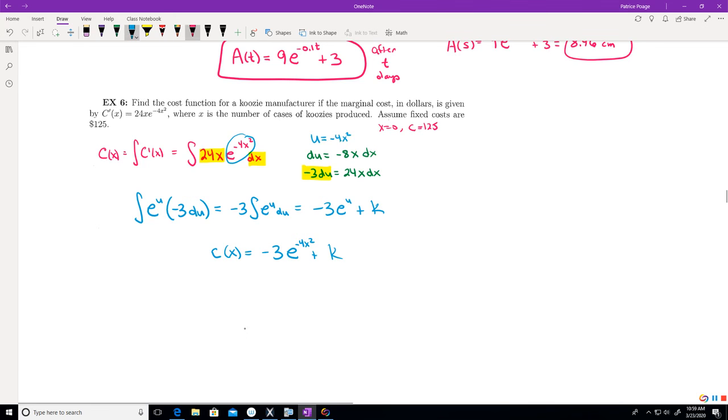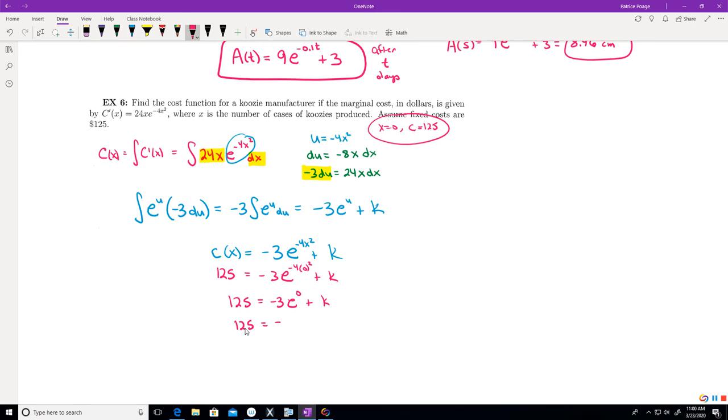And we have a point right here. When x equals 0, the cost is 125. So I'm going to put that in and solve for my constant. And that would be 0 squared. So I get 125 equals negative 3 e to the 0. Remember, e to the 0 just equals 1.